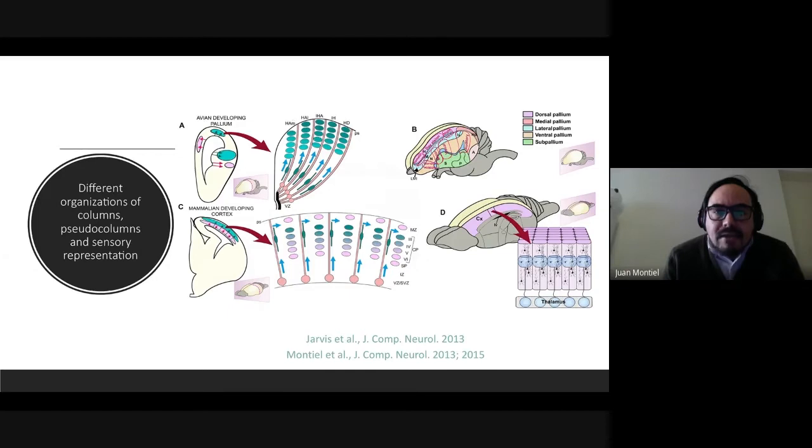the layers in this avian dorsal pallium, which is the hyperpallium.